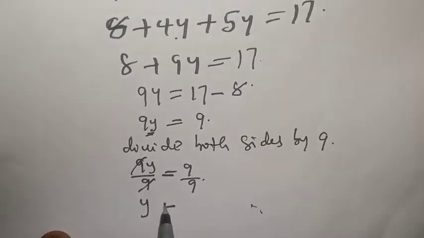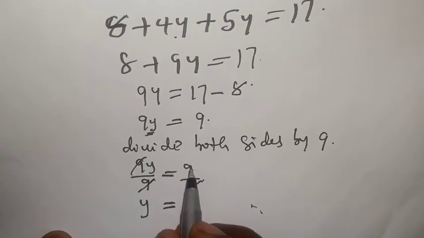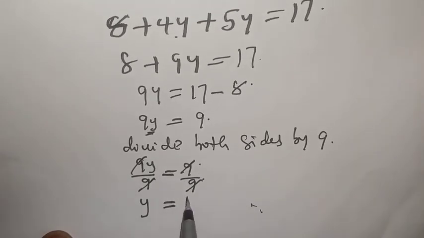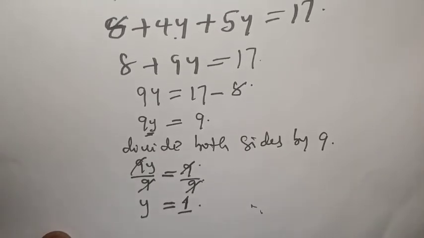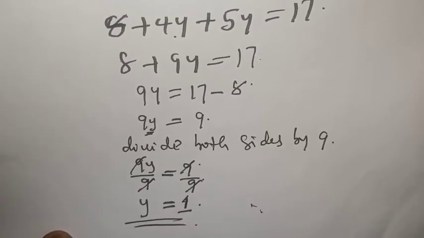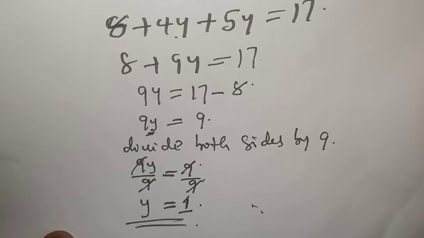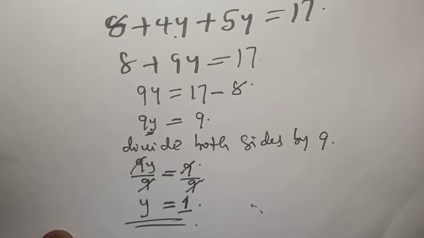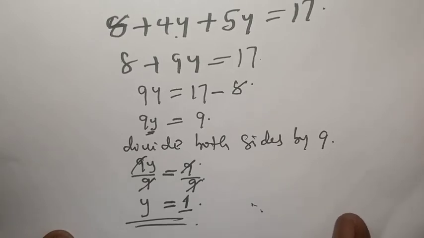Y will be equal to, this here 9 is 1, 9 here is 1, so 1. You can see, we've gotten the value of our y to be equal to 1. Now, since our y is 1, we don't yet know the value of our x. Now, let's substitute for y in either equation 1 or 2 in order to get the value of x. Let's see what will happen now.